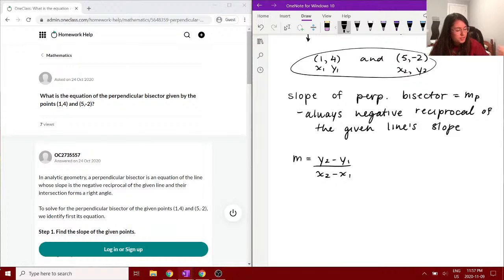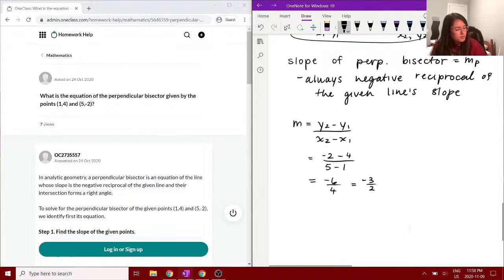Of course, you can do it the other way around. It's up to you which you use first. So y2 is minus 2 minus y1, which is 4, divided by x2, which is 5, minus x1, which is 1. Okay, so from this you get the answer of minus 6 over 4, or if you simplify, minus 3 over 2.